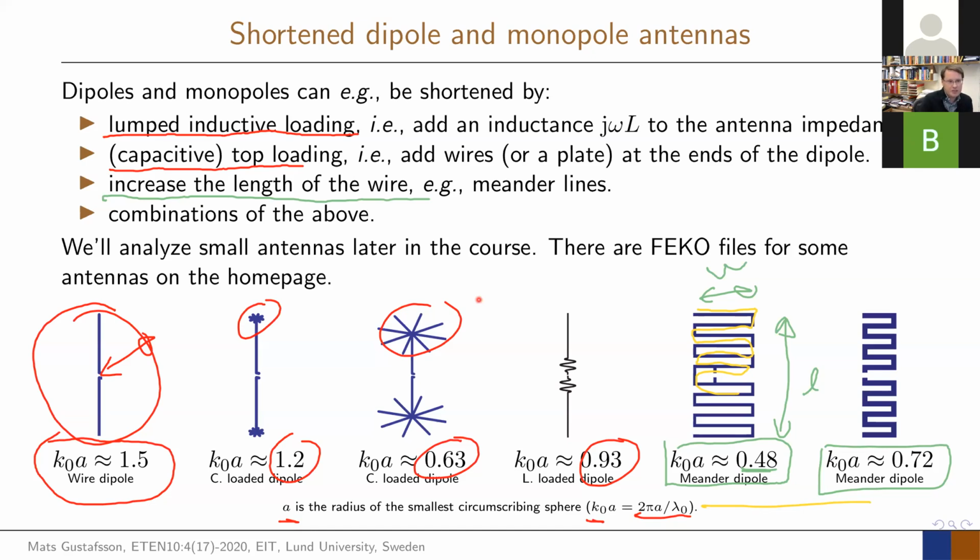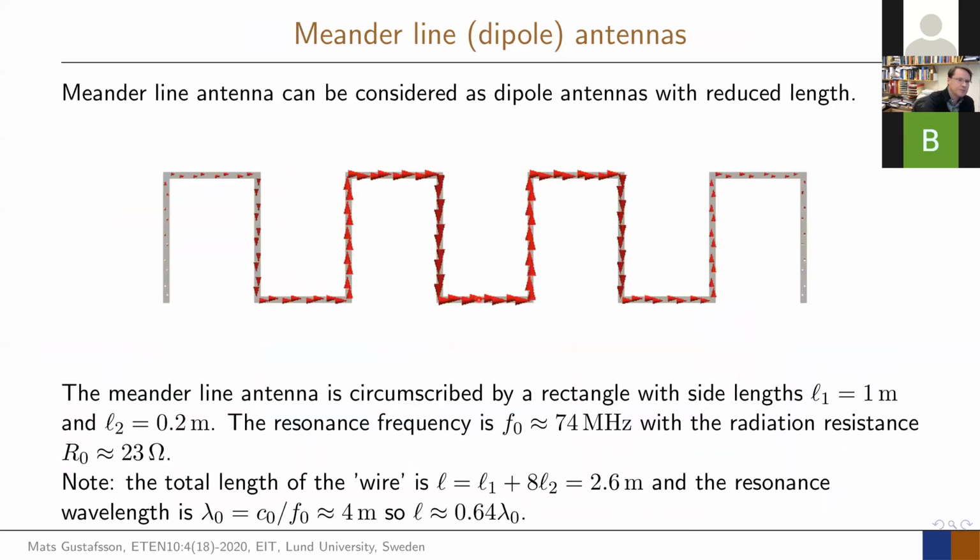In many cases it's too low for 50 ohms, which means we need to increase it. Then we can ask, how do we increase the radiation resistance? We go back to the beginning of this lecture. What did we do? We did the folded dipole. And then we can do folded meander line antennas, which are folded, shortened dipoles, and then we can push it up again.